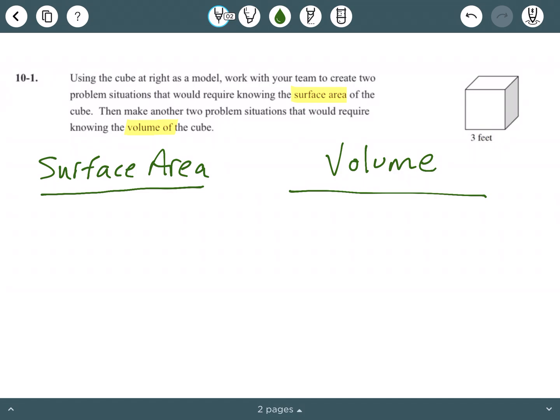Because wrapping paper would be covering the entire outside of this cube. So we can write that down as our first example. So we'll say maybe covering the cube in wrapping paper.